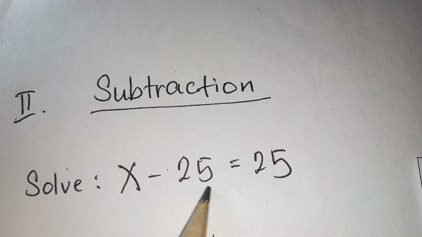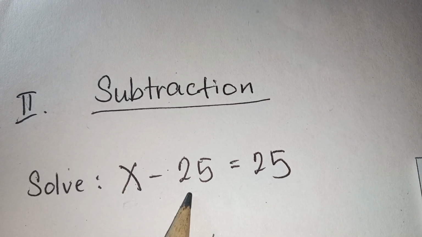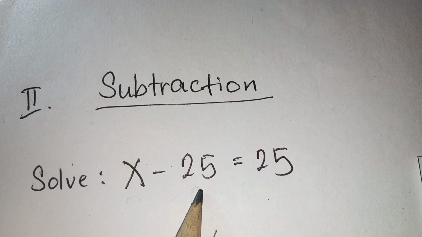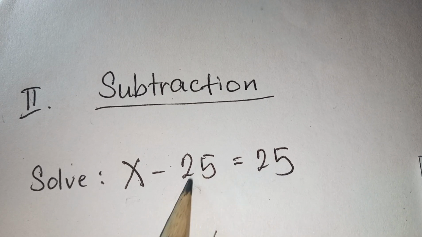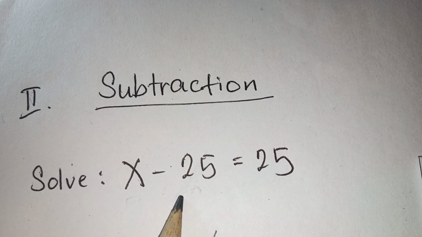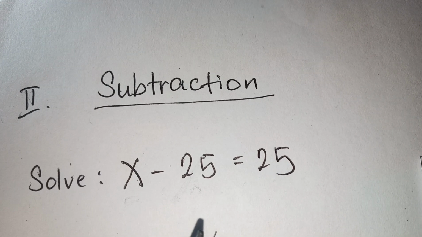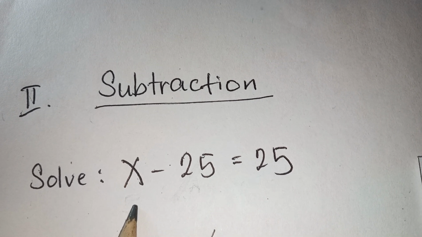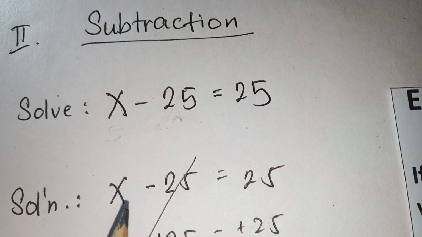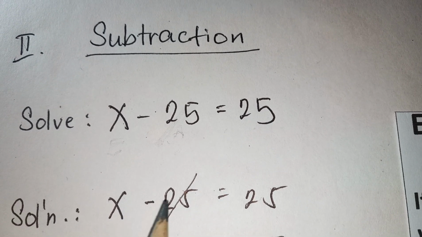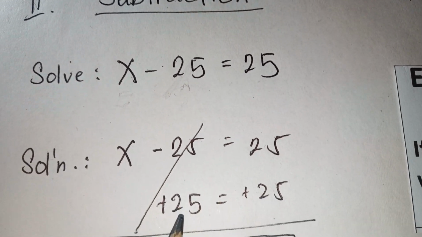Anong kasama ng variable dito? Minus 25, right? So, para ma-eliminate natin yung minus 25, mag-add tayo ng plus 25. Para ma-zero out ito at matira yung x.